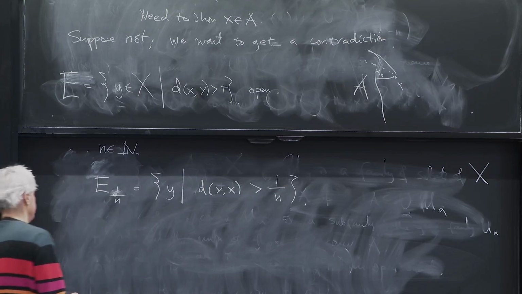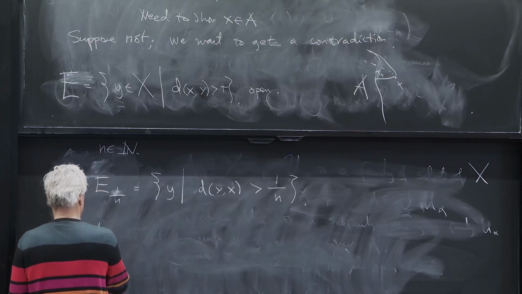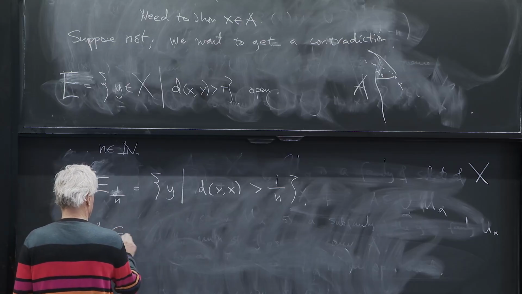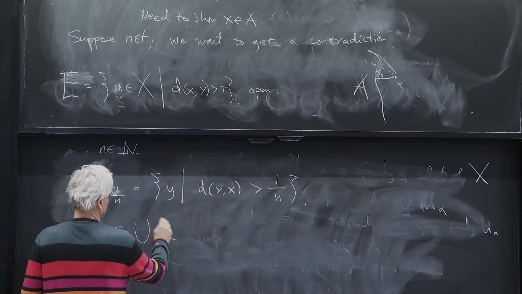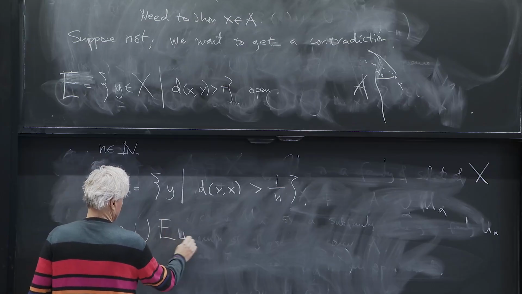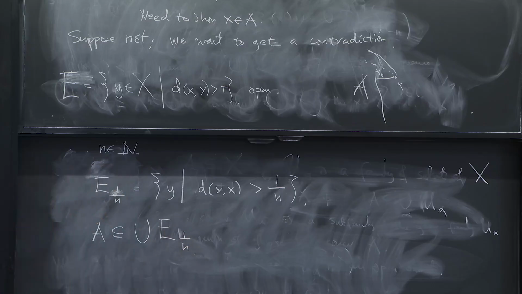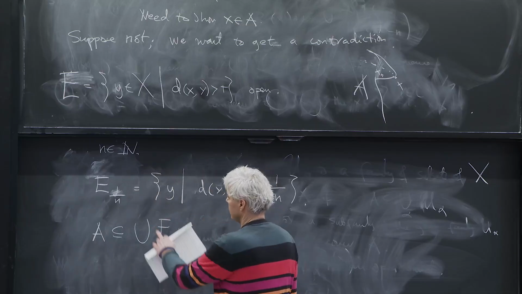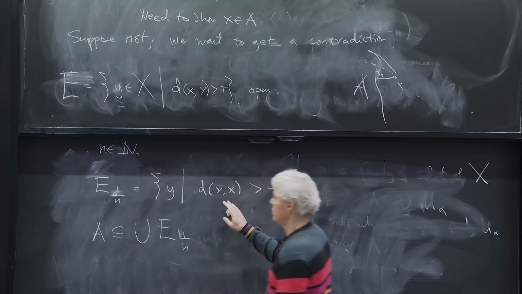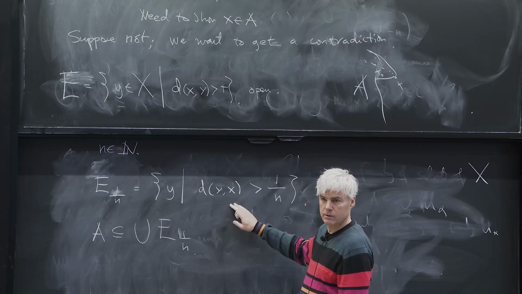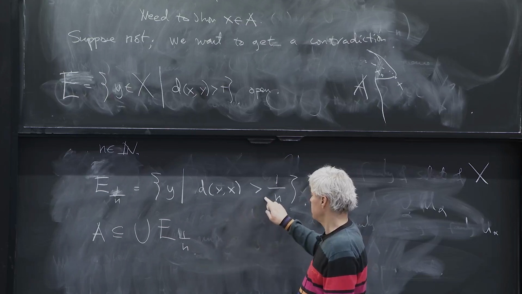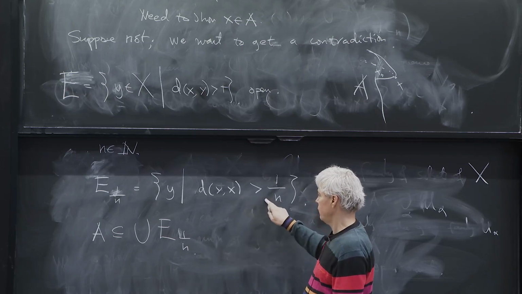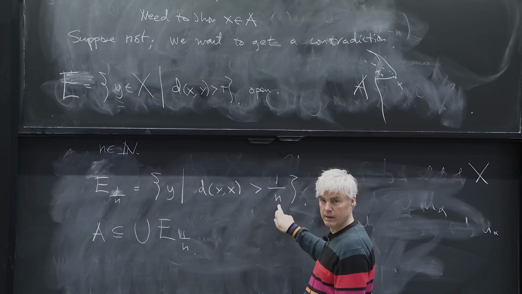But now I claim that A here is contained in the union of these guys, right? Because if you have something that is not in any of these, this means that this inequality fails for each n.